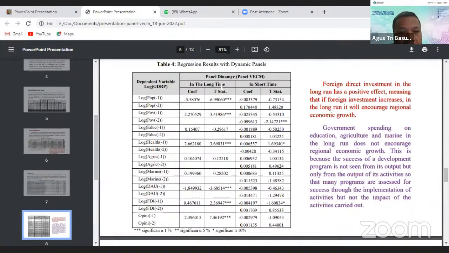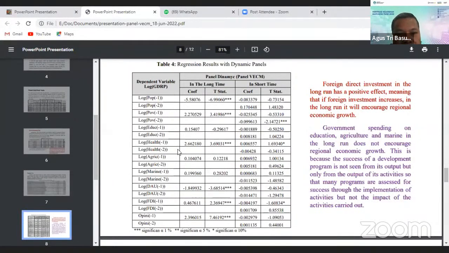In the long term, population in lag 1 and poverty in lag 1, but education, health, and government are not significant because the statistic is low, less than 1.6.